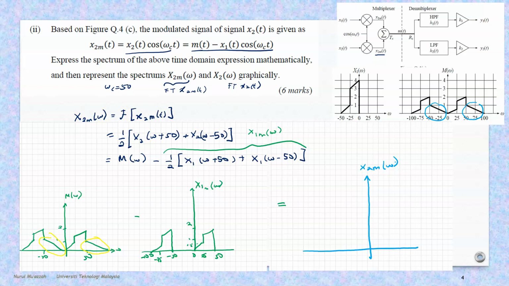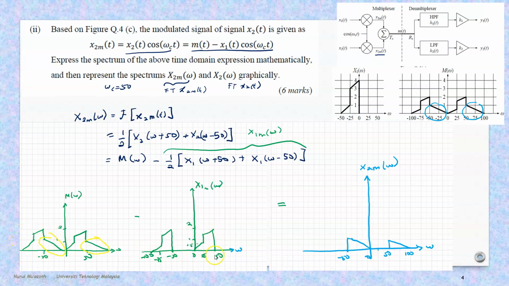Okay, so the part here that we should draw, which represents x2m omega, so this is negative 50, 0, this is 25, so this is 50, and the signal stretches until 100. Again, if we work from here, we know that m omega is the summation of x2m omega and x1m omega. So if we add these two signals here, this part we add with this, we will get this.